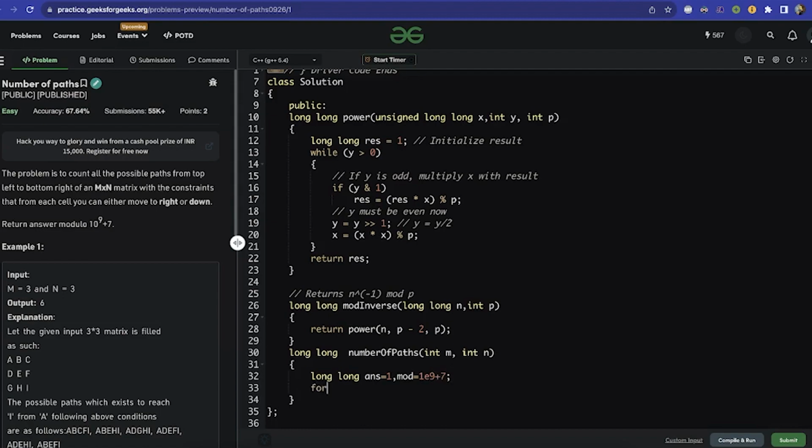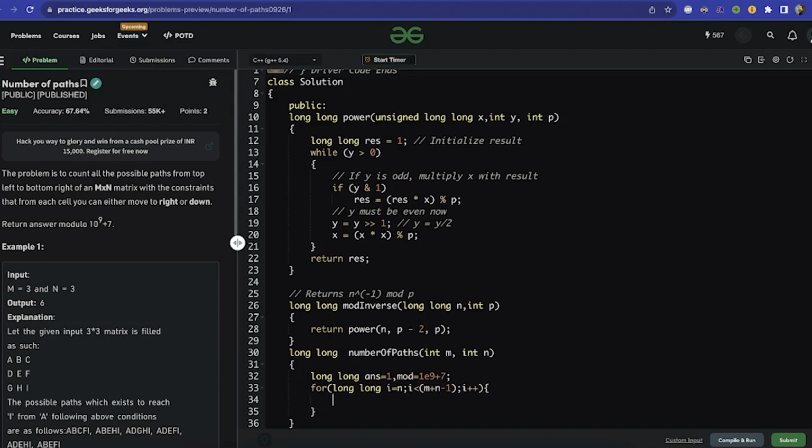Now what we would really do is go from n to m plus n minus 1. So for, we would just use long everywhere: long i equals n, and i is less than m plus n minus 1. Like these many integers we would have, and then i plus plus.